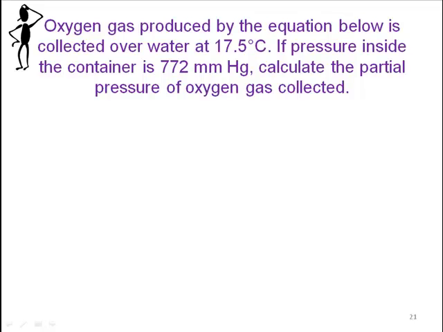Now, if we had oxygen gas being produced by the equation below, it's collected over water at 17.5 degrees Celsius. If the pressure inside the container is 772 millimeters of mercury, calculate the partial pressure of oxygen gas collected. So this was the equation we were looking at.